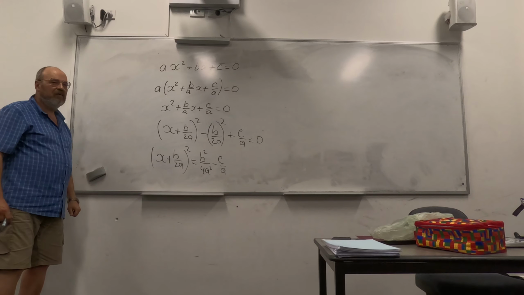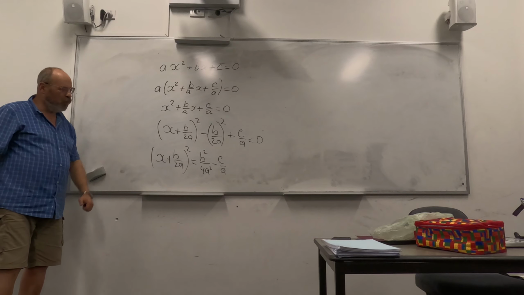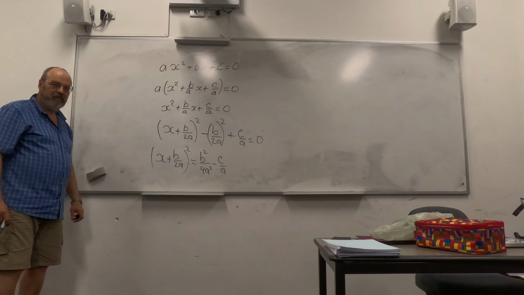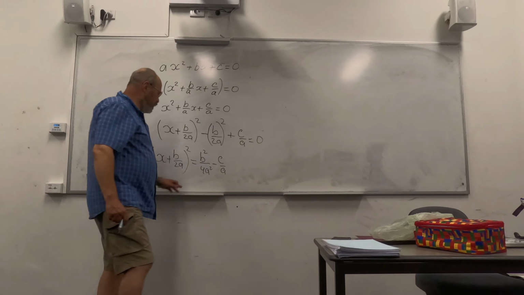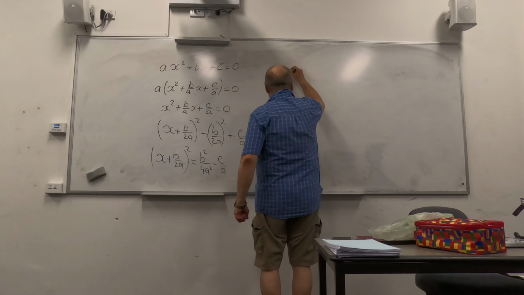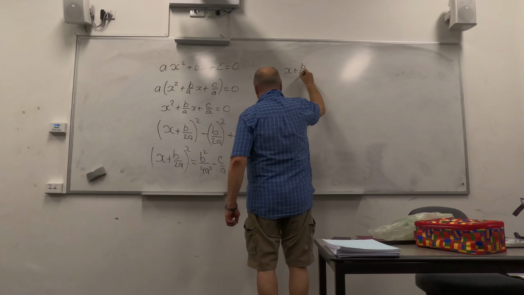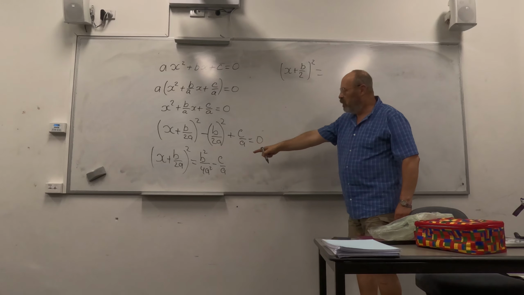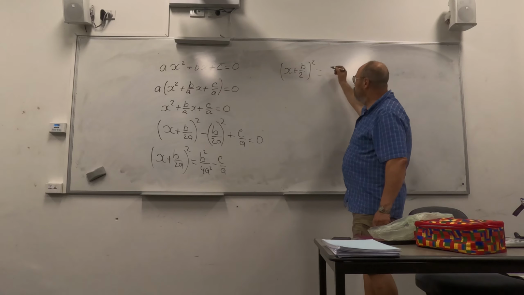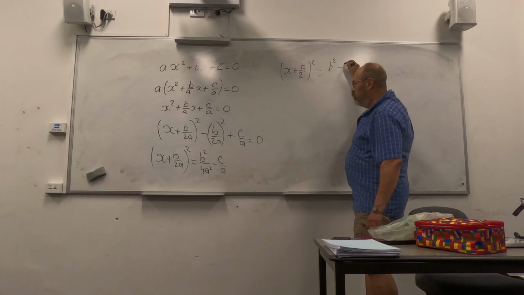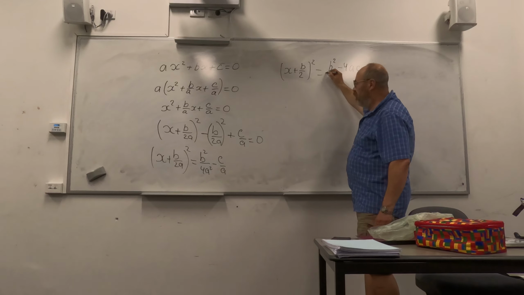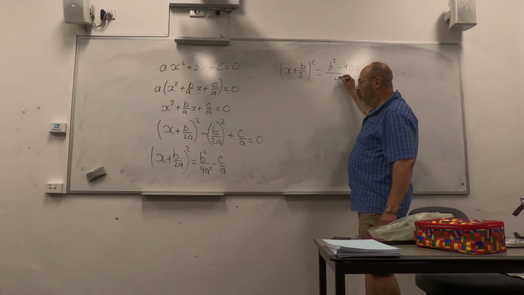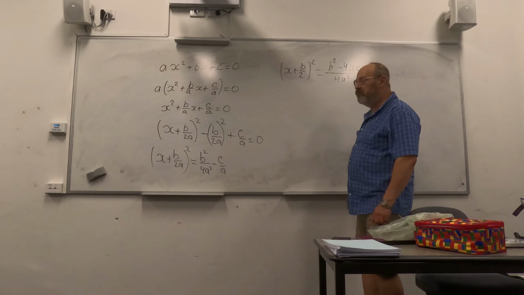And then bring the right-hand side to a common denominator. We have x plus b on 2a squared equals, with common denominator 4a squared, b squared minus 4ac over 4a squared.